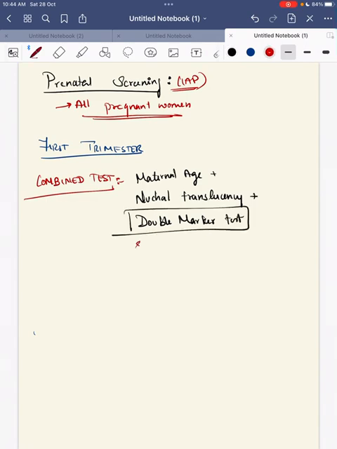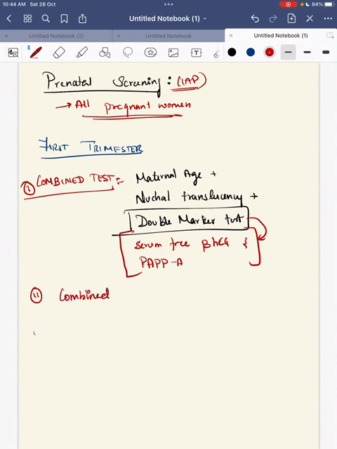So in double marker test, what all it includes? This includes serum free beta HCG and pregnancy associated plasma protein A. Both come under this double marker test. So in first trimester in combined test, you will include maternal age, nuchal translucency and the double marker test.